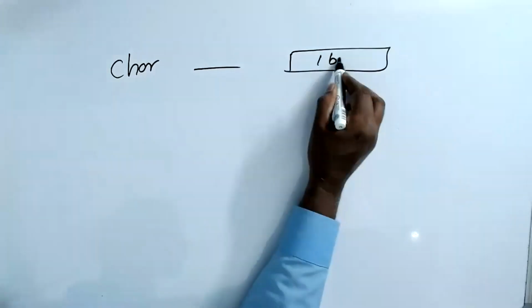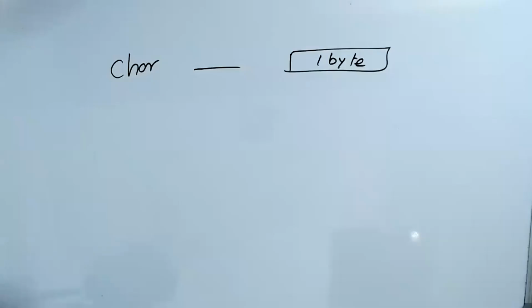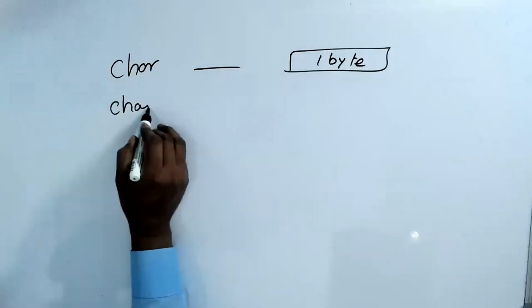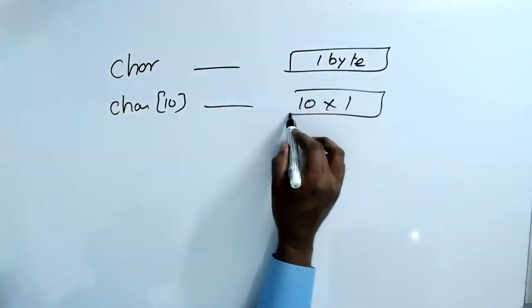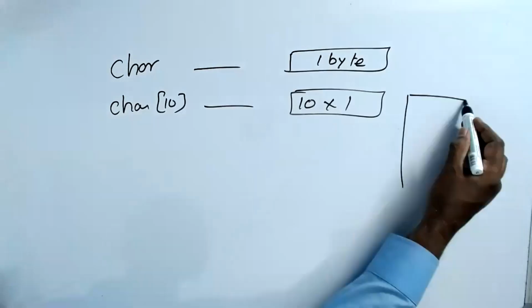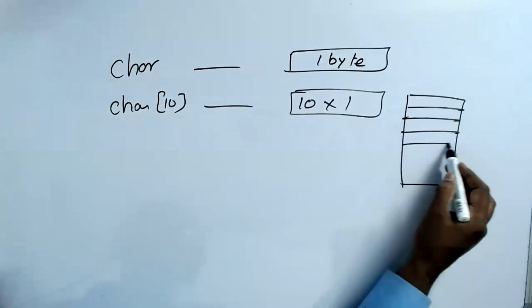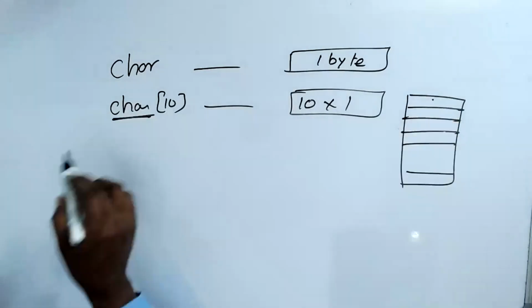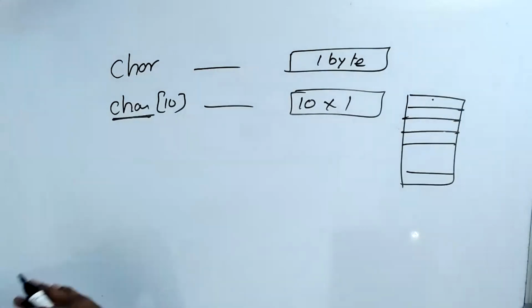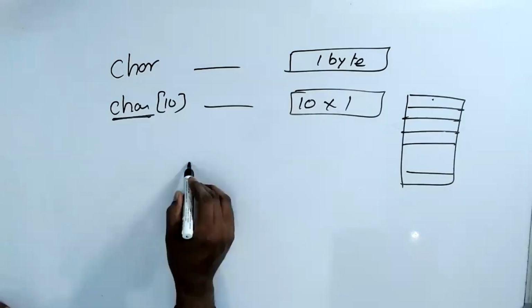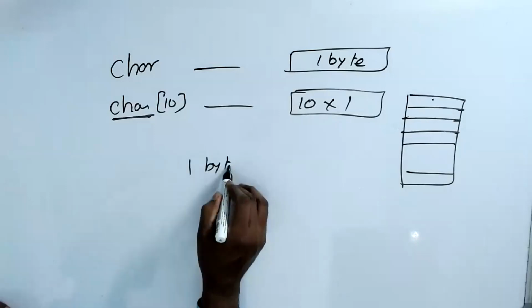If we say char of 10, it allocates 10 locations in memory of 1 byte each, because you defined char. Now, I want a data type which has 1 byte, 2 bytes, and 4 bytes.